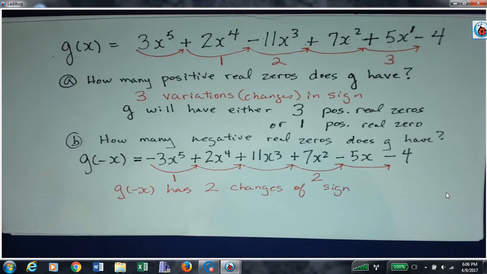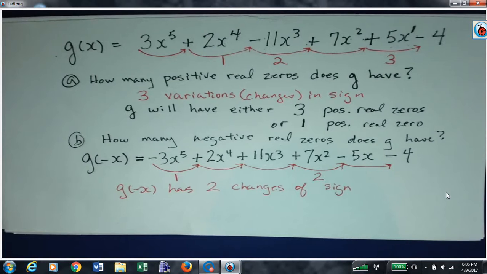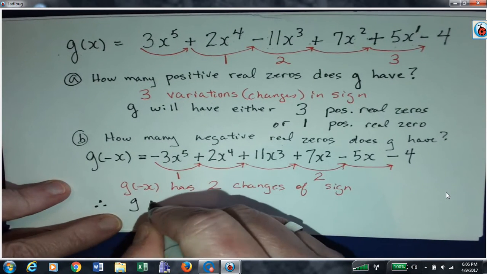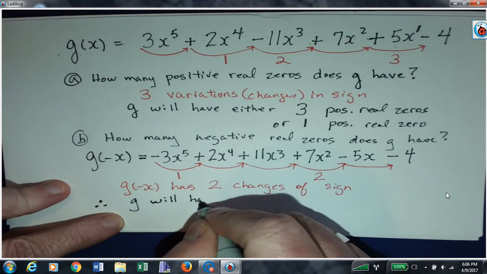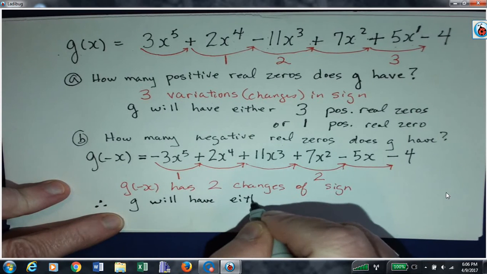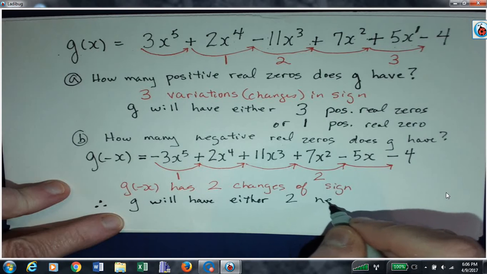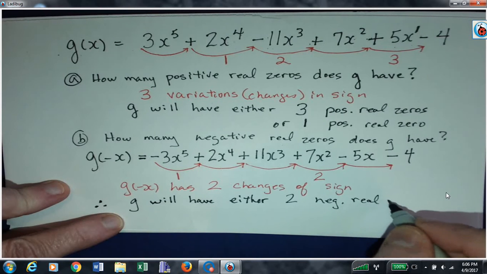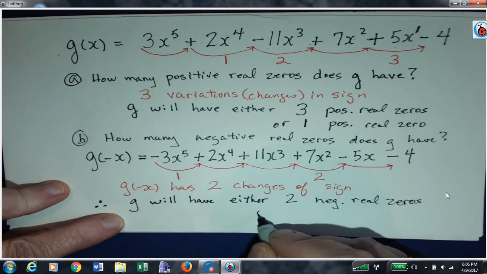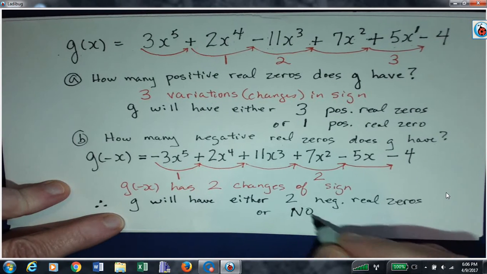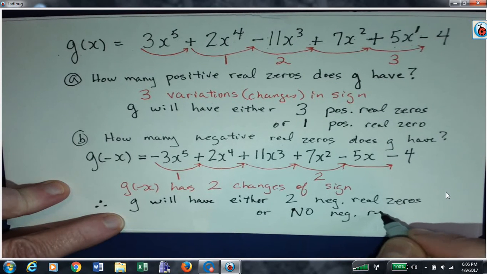And so what that means is the original polynomial g, therefore, g will have either two negative real zeros or 2 minus 2 is 0, so or no negative real zeros.